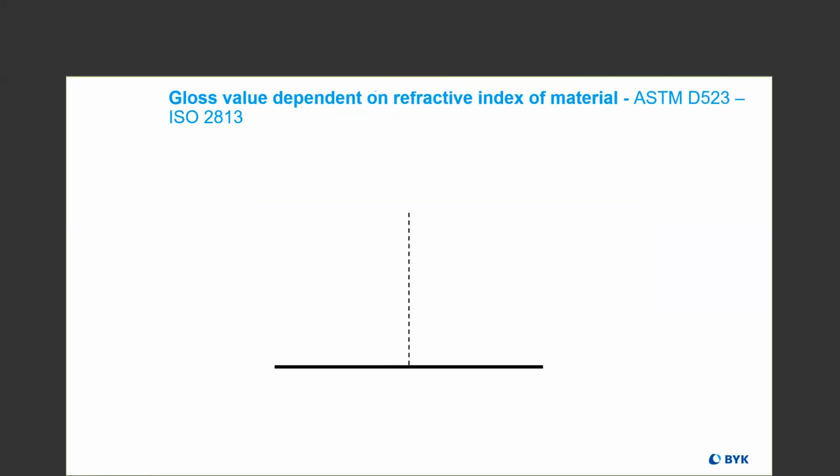Any color instrument, whether it's 45/0 or sphere, will be able to measure color on any range of gloss surfaces. It's just a matter of how you want those color values to reflect how the gloss is affecting the surface. To reiterate, with 45/0, glossier surfaces will be measured as being darker and slightly more chromatic.